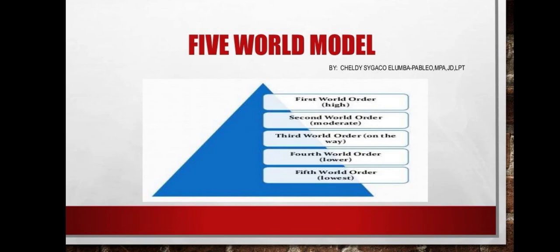They classified it as first world order, which is the highest, the second world order, which is moderate, the third world order, on the way or in the process, the fourth world order, which is lower, and the last one, which is the lowest, fifth world order.